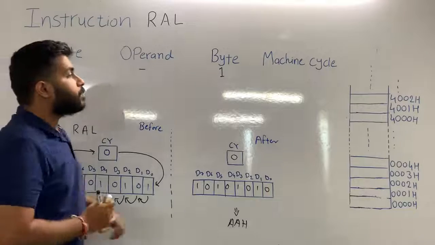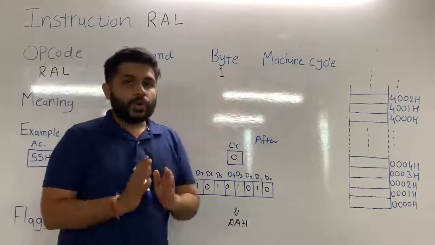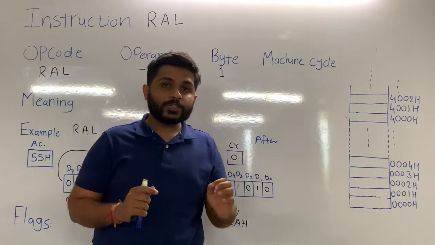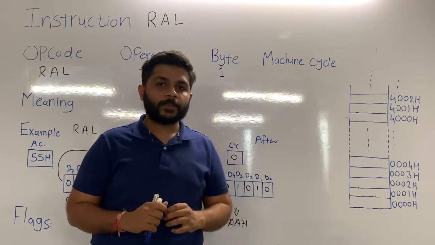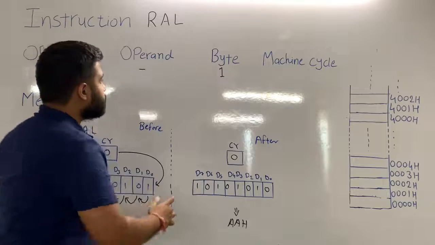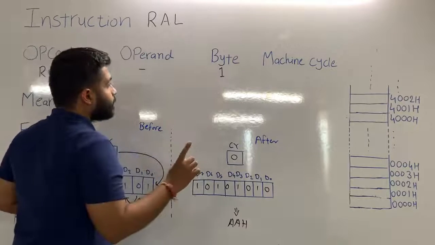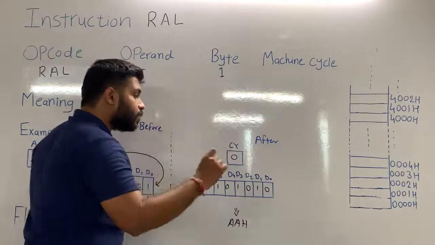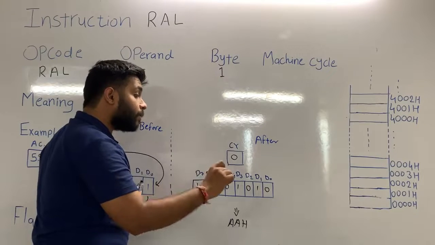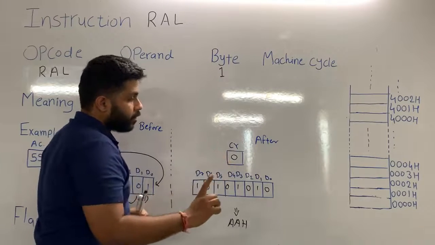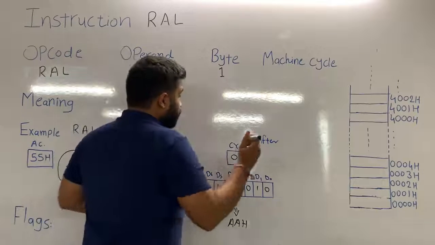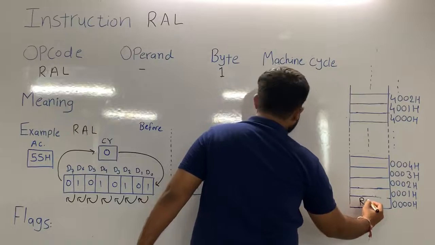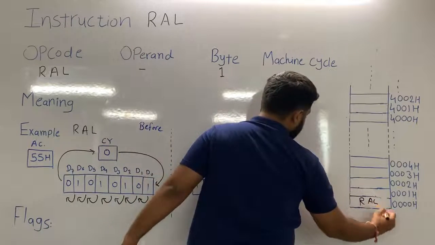Now let's see the machine cycle. You know very well, to understand the machine cycle, you have to see the whole process for a particular instruction. As you can see, this instruction is of 1 byte. It means when we give this instruction, it will be stored in the memory and it will occupy only one memory location, that is RAL.